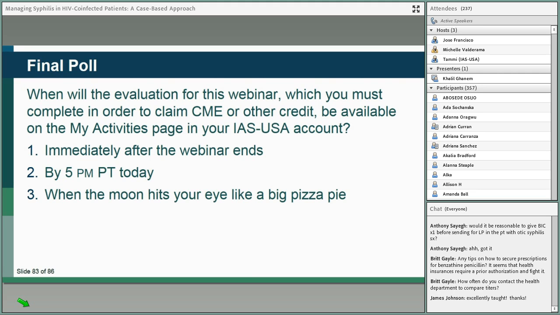If RPR goes from non-reactive to 1-to-1, is it a new infection? Well, those RPR questions are really tough. The answer is it depends on the exposure. If somebody comes in and says, I've been monogamous, and their RPR went from non-reactive to 1-to-1, it doesn't mean anything at all. If somebody says, I've had 5 sex partners in the last month, in that case perhaps the RPR means something.